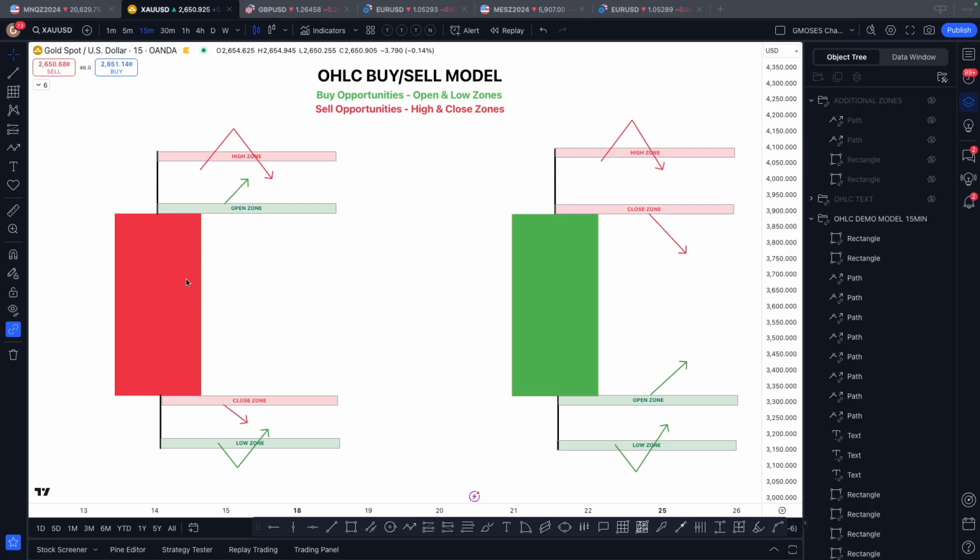But let's just say if we have a candlestick that has large wicks, such as the model that we showed you previously, okay? If we're looking at buy opportunities from our open and low zones, once a bearish candle opens, if we get price action on a 4-hour or a 1-hour that closes above this zone, we can typically look for buys, okay?